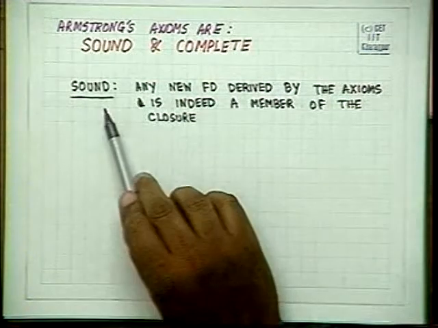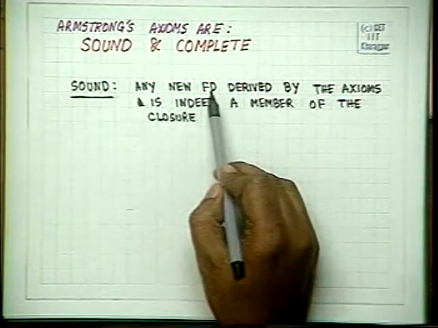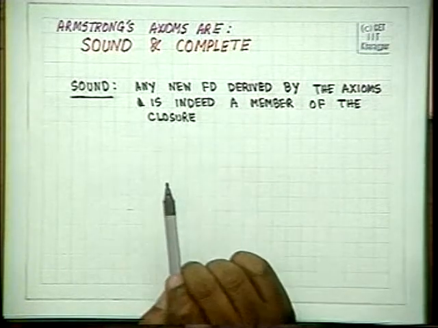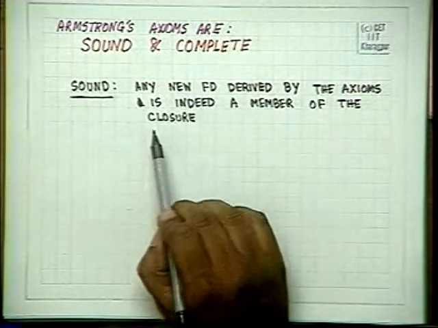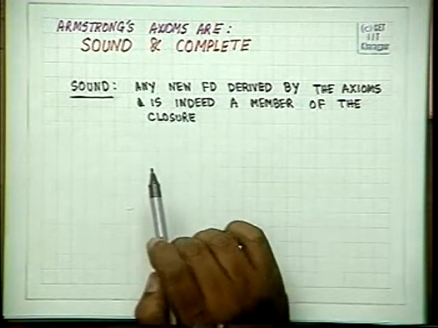That is, if I use these axioms to derive a new functional dependency, then this new functional dependency must be a member of the closure. That is quite obvious from the three rules which we have studied.